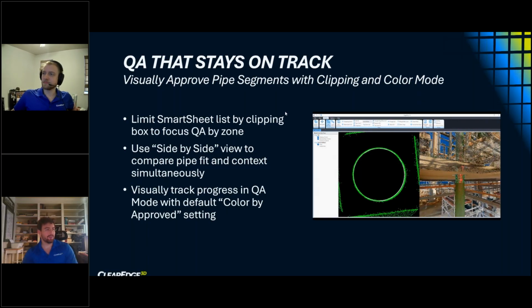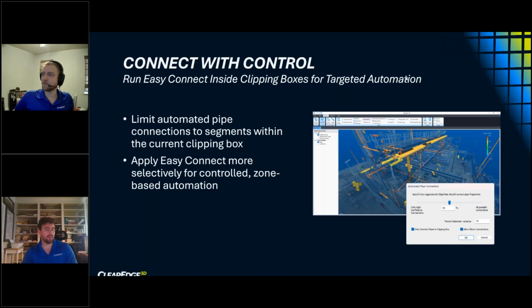Sweet. All right. So next up, we've got the Easy Connect tool. The Easy Connect tool is one of the big automated tools that people are really impressed by, especially on demos. That's where EdgeWise will automatically go in and insert connections between the pipe runs as well as elbows. One of the big things we've gotten is, hey, if I haven't worked on a section yet, maybe I don't want my connections over there.